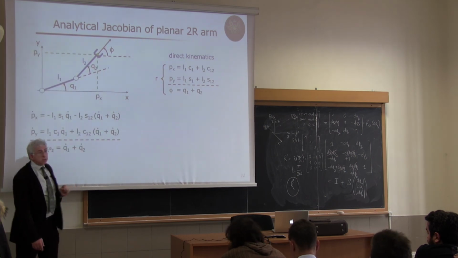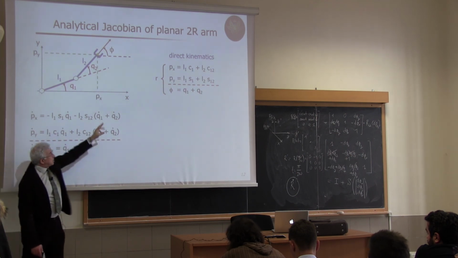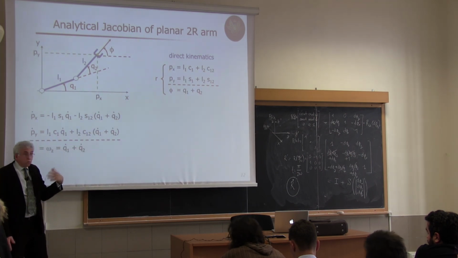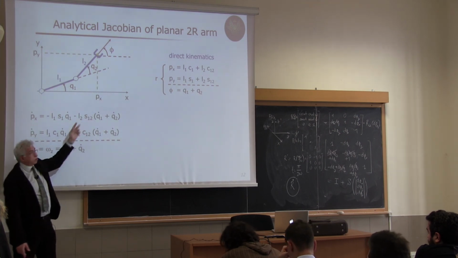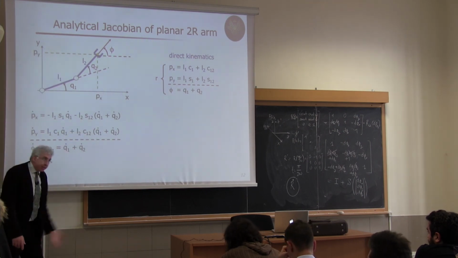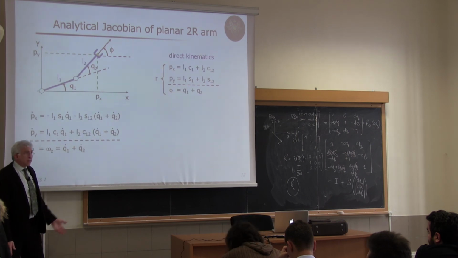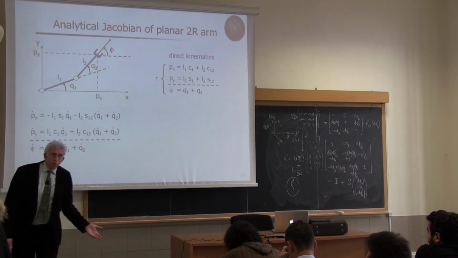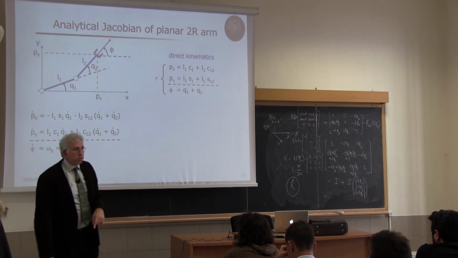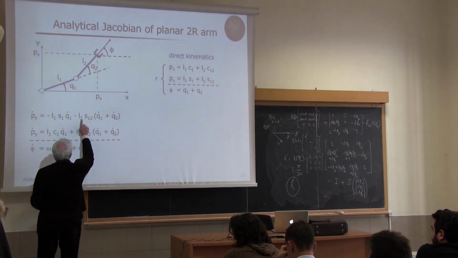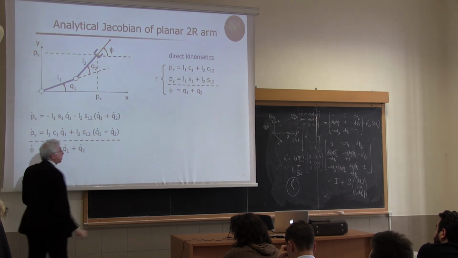And then I have the second term. This depends on q1 and q2, and both q1 and q2 may change over time. So I take the partial derivative with respect to q1, and then the partial derivative with respect to q2. The partial derivative with respect to q1 will be multiplied by the derivative of q1 with respect to time, and this will give minus L2 S12 q1 dot.